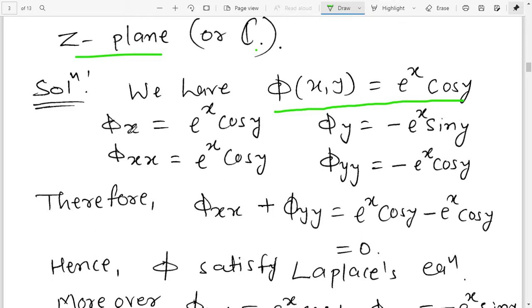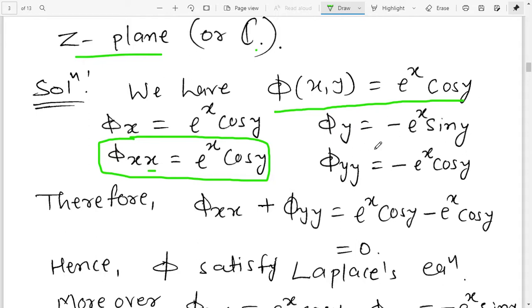Now again differentiating with respect to x, we get e raised to x cos y. And now differentiating with respect to y partially, phi y is equal to minus e raised to x sin y, because e raised to x is constant and the derivative of cos y is equal to minus sin y.